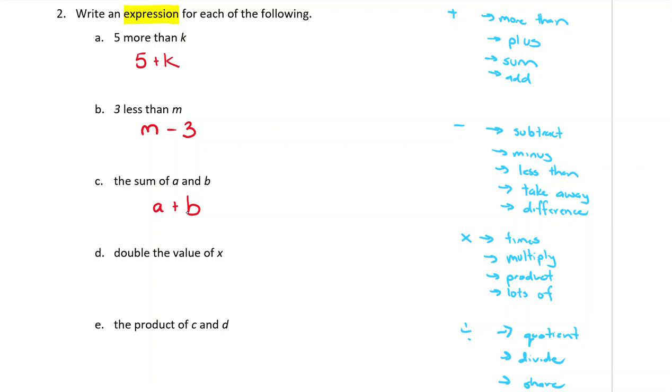If I had 5 and 1, if I go 5 take away 1, I get 4. But if I switch it and I go 1 take away 5, what do I get? Negative 4. So when subtracting the order is important, but adding, I don't care if you switch them, it means the same thing. Seb? No, I usually just do whatever's in the question though.